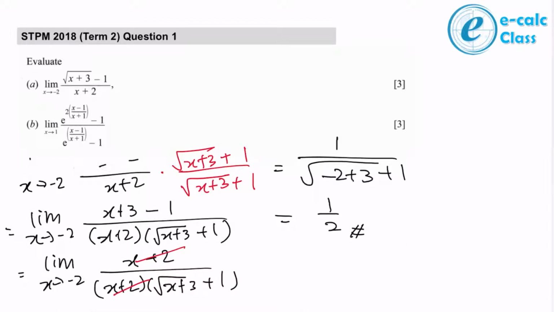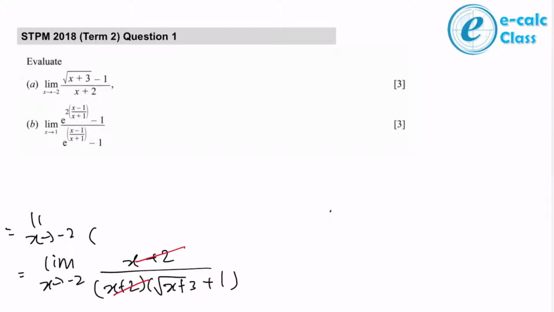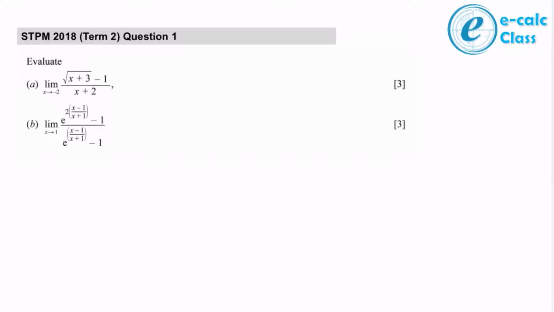I might just erase the whole thing. Okay, so if you have a look at it, on top is actually also a difference of squares, isn't it? a squared minus b squared equals a plus b times a minus b. What about the bottom? It's actually your a minus b.